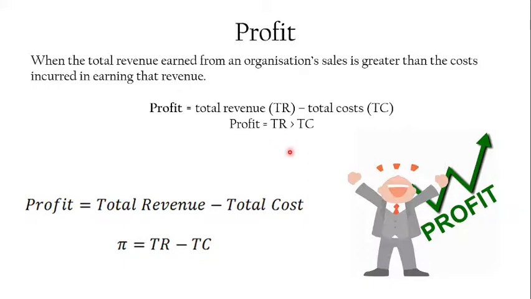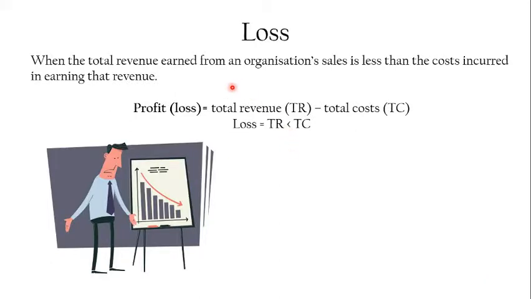That's earning a profit. A loss, on the other hand, we use the same formula. We subtract total costs from total revenue, but a loss happens when a business's costs are actually higher than the amount of revenue that they earn. So they sell their cakes for £10, but for some reason their costs were more expensive than that.